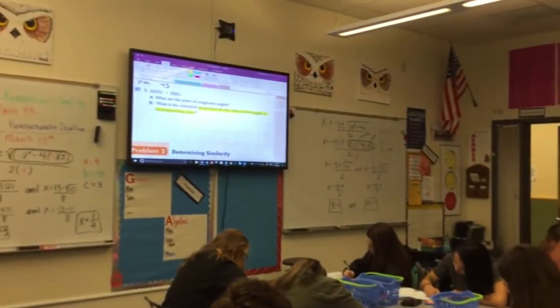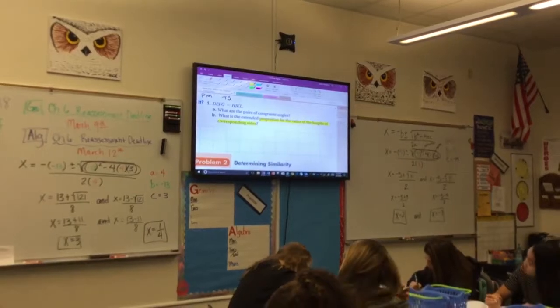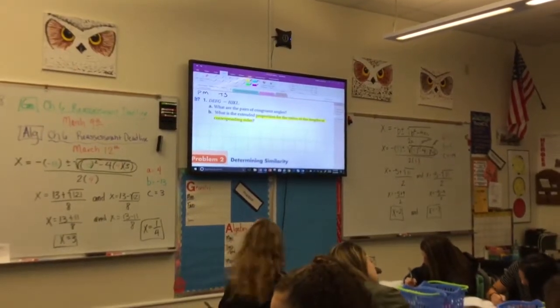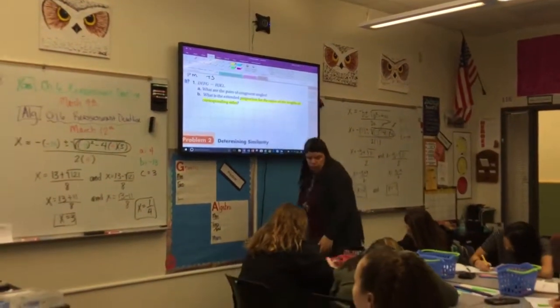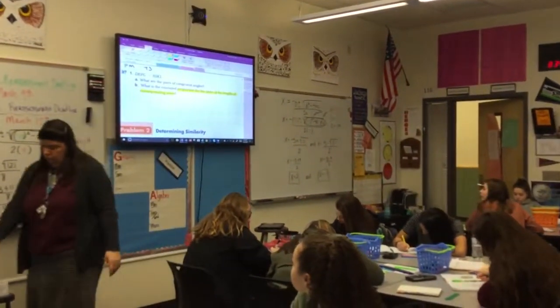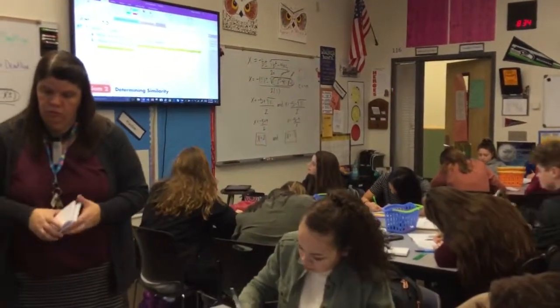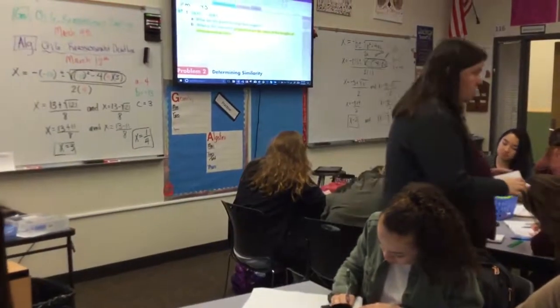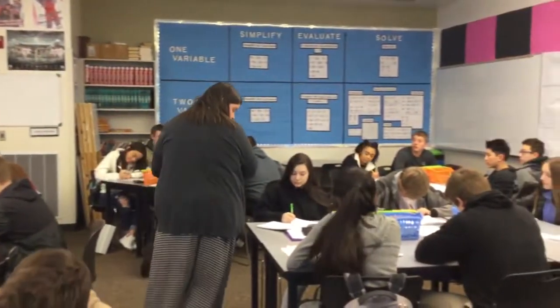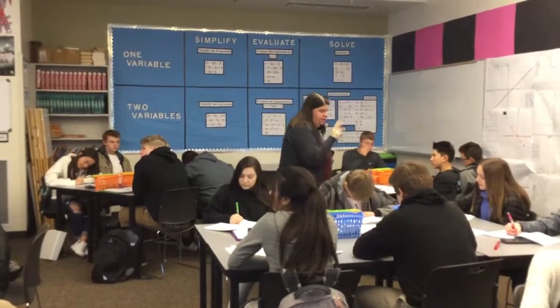So you're going to take the two similar figures and create an extended proportion like we just did. Remember, each side length has two vertices.